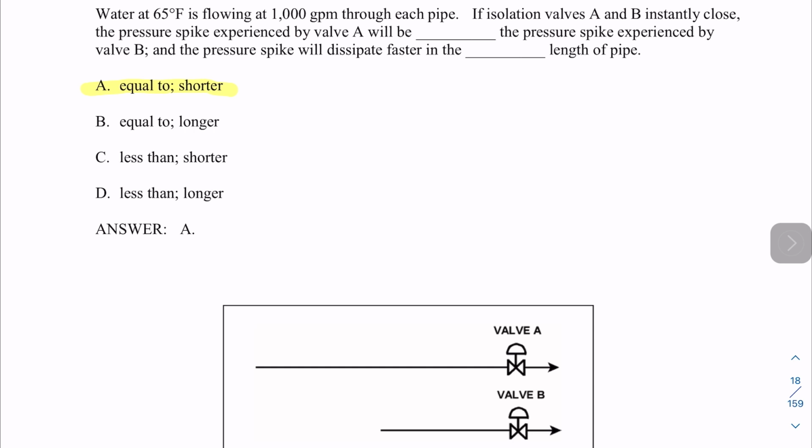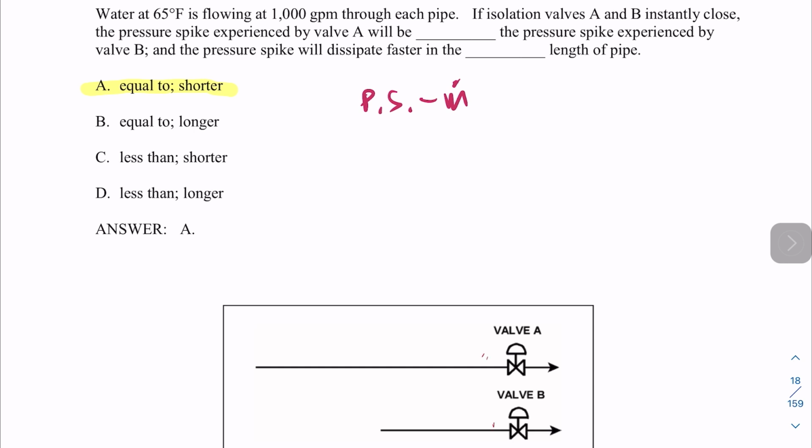So if isolation valves A and B instantly close, the pressure spike experienced by valve A will be... This is interesting because, remember, the pressure spike is going to be a function of the mass flow rate. We talked about that when we looked at these concepts.